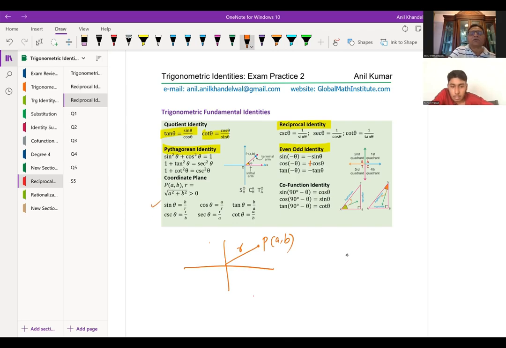So we could write these ratios in terms of the coordinates, right? And these are the co-function identities, sine of 90 minus theta equals cos theta. So in a right angle triangle, 90 minus theta is looking from the other side. And that helps us to equate sine with cosine, tan with cotangent, correct?